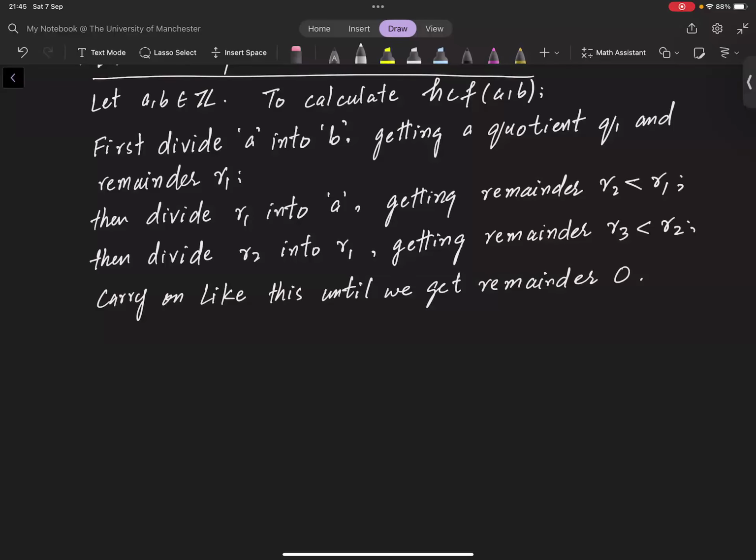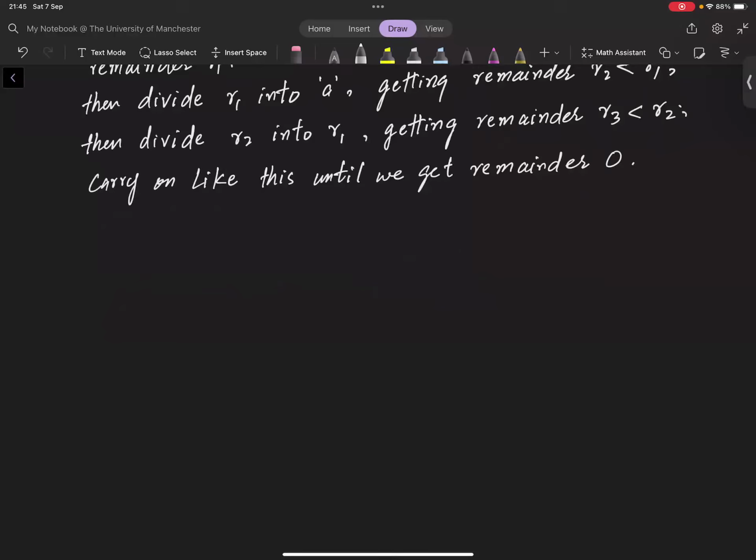Now say the remainder is 0. When you get the remainder 0, so the remainder 0 occurs after n plus 1 steps. Okay.